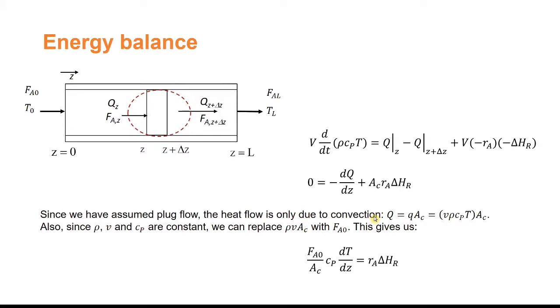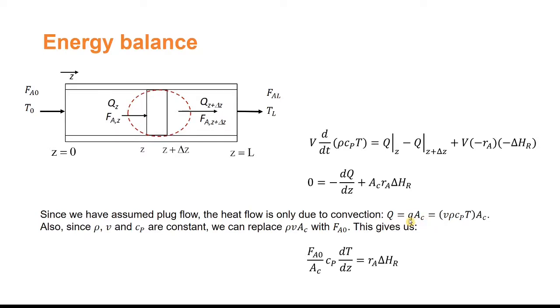So, if you remember how to write heat flow rate, it is equal to the heat flux, so that's lowercase q, times the cross-sectional area of the tubular reactor. So now, we need to write our expression for the heat flux, small q, in terms of the temperature. Temperature is what drives the heat flux.